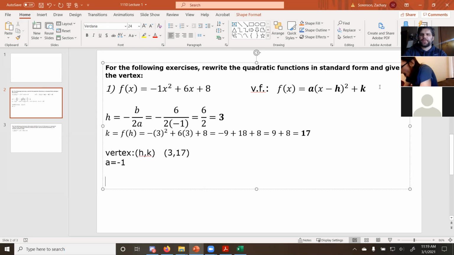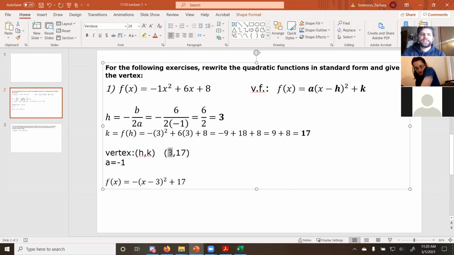So what's my final vertex form going to be? -1 parentheses X minus 3 squared plus 17. Now something to note here.